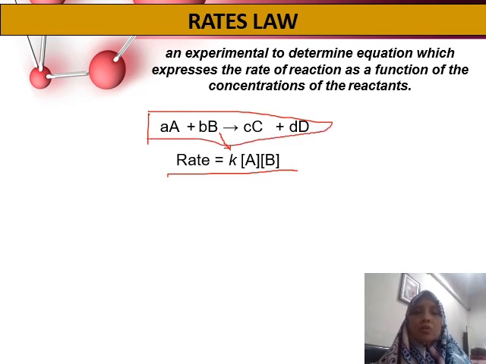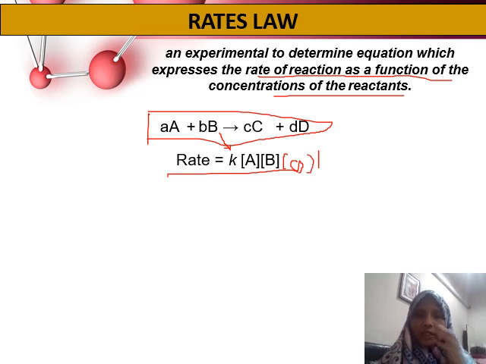For the rate law, we just compare the reactants only, because the rate of reaction is a function of the concentration of the reactants. So we just use whatever we have among the reactants. If we have G, H, and F as the reactants, you put the concentrations of G, H, F and so on.